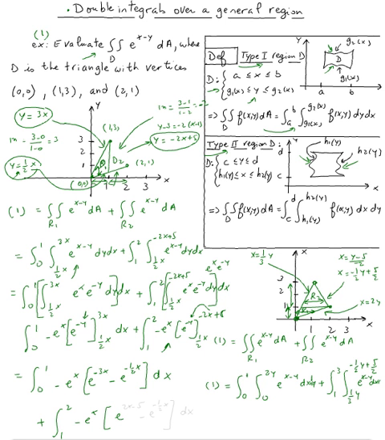That's going to give us e^(2x minus 5). I'm multiplying by negative 1, minus e^(negative 1/2 x), and this is going to be dx.